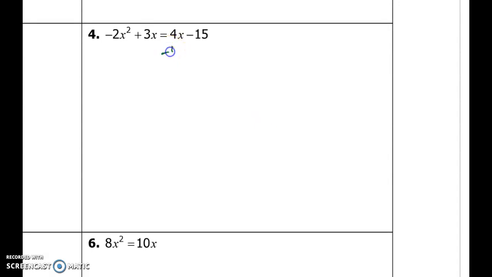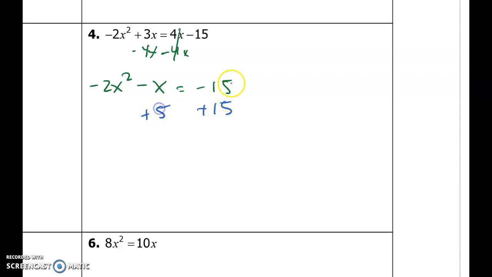So step 1 is to write it in standard form. So I'm going to subtract 4x to the other side, and I get negative 2x squared minus x equals negative 15. And I need to get all of it to one side and get a 0 on this side. So I'm going to add 15. Well, 15 cannot be added with these, so I just get negative 2x squared minus x plus 15 equals 0.